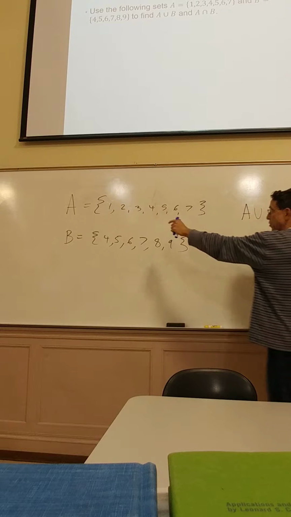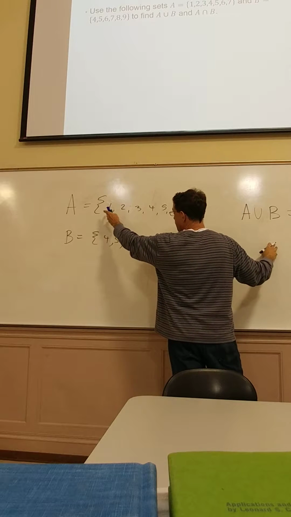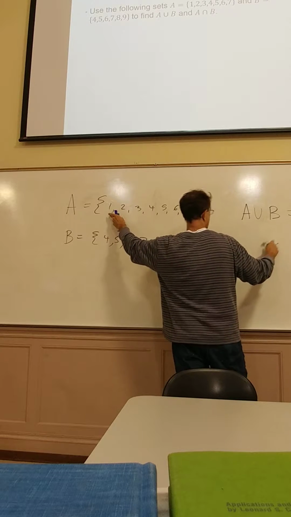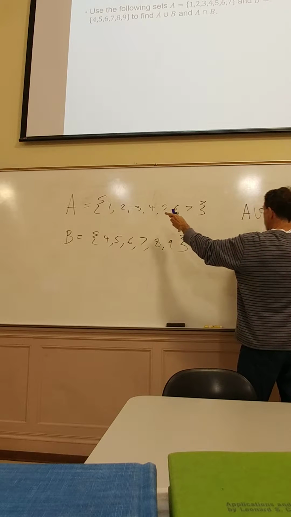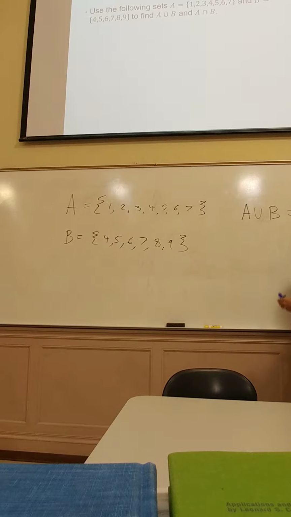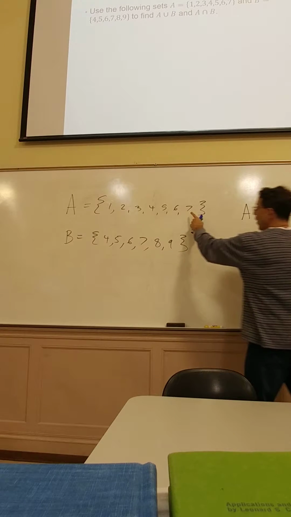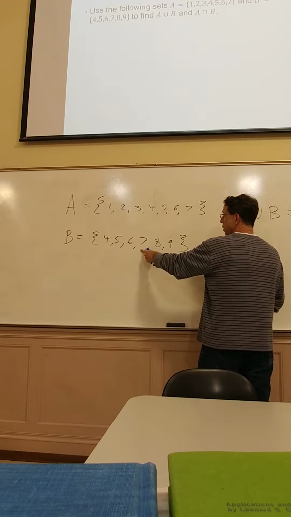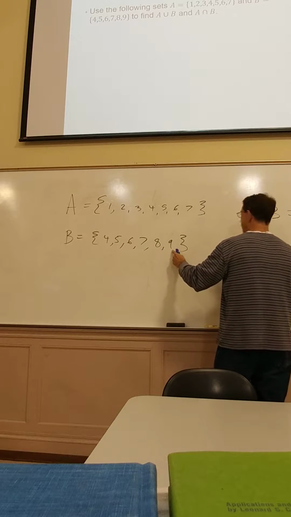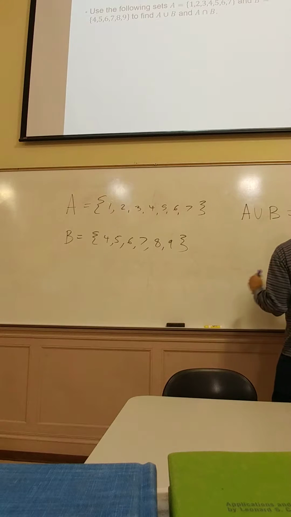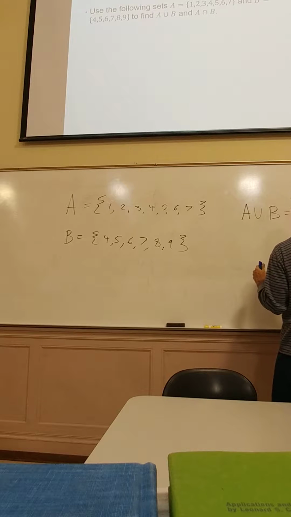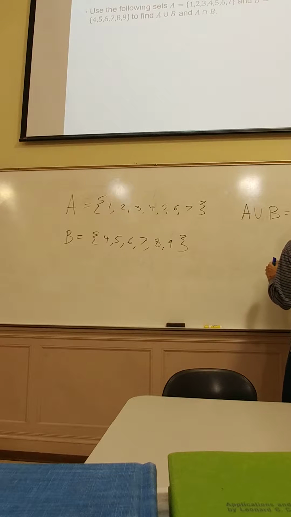It's set A or set B. You chase down every element that appears in A or B. So 1, 2, 3, 4 would be in there because it only has to occur in one set. 1, 2, 3, 4, 5, 6, 7 would be in there, and those already repeat so you don't need to write them down. You would need to add 8 and 9. Let me rewrite that all in one line: 1 through 9 is your answer.